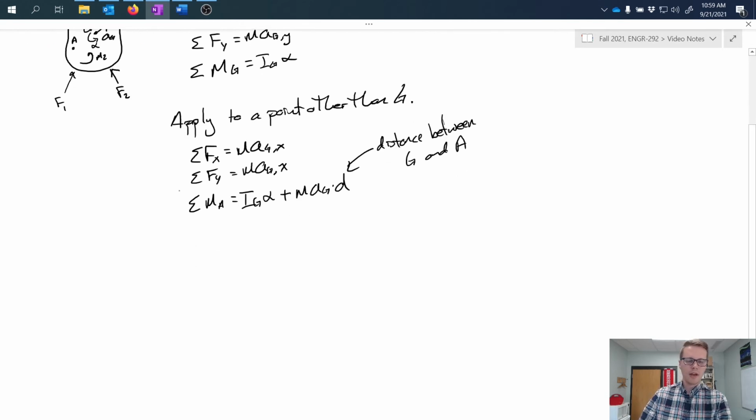So now that we've established how we might apply these equations to some other arbitrary point, where this really becomes useful is if we know where the instantaneous center location is.